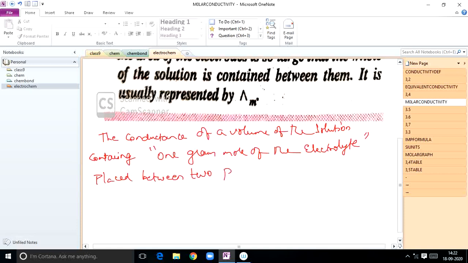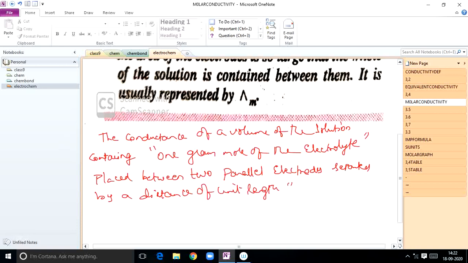This electrolyte is placed between two parallel electrodes separated by a distance of unit length. Simple definition. Now you will understand this. This is called molar conductivity or molar conductance.